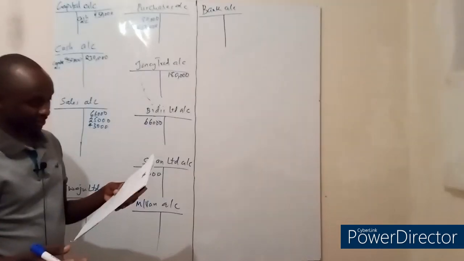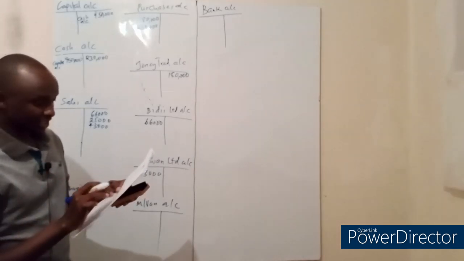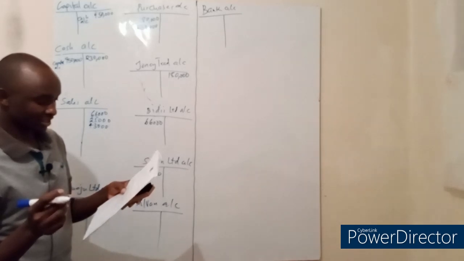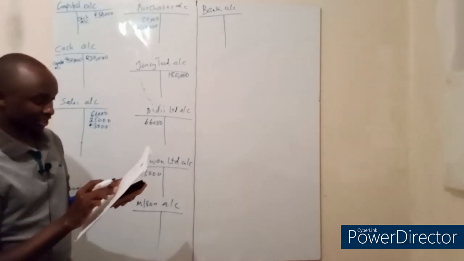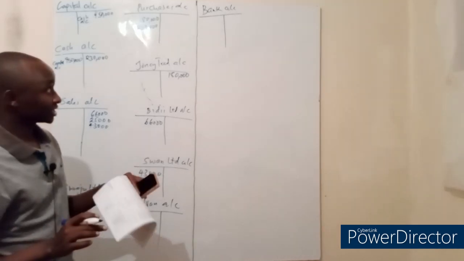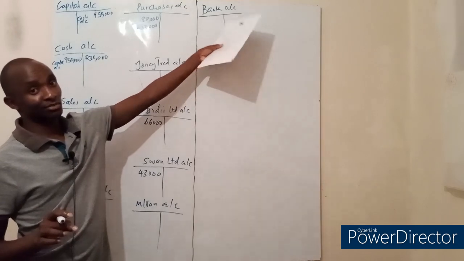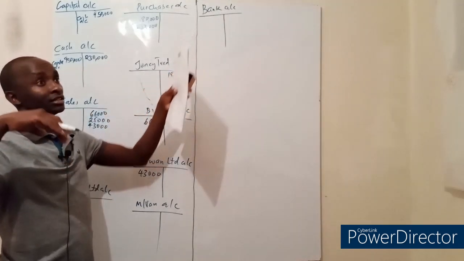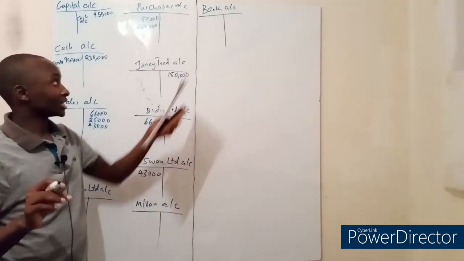So what is happening in this transaction? Our money in bank, Atieno's money at the bank is decreasing because she is buying a second-hand motor van, 256,000. So that means the bank account decreases on the credit side because this is an asset, isn't it? Remember, all assets have debit balances, and if you increase, you increase on the debit, and if you decrease, in the credit.